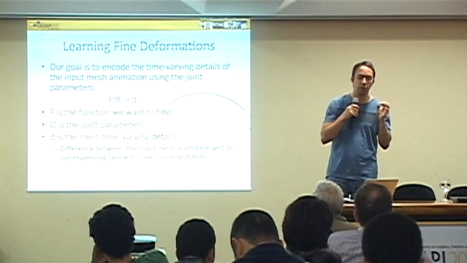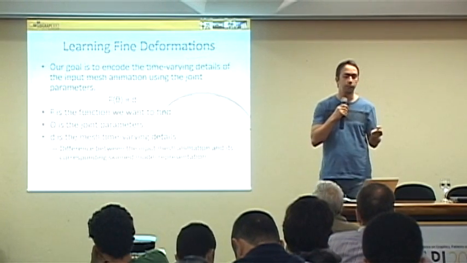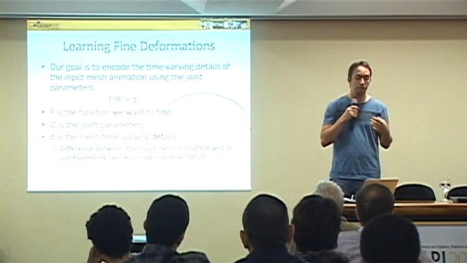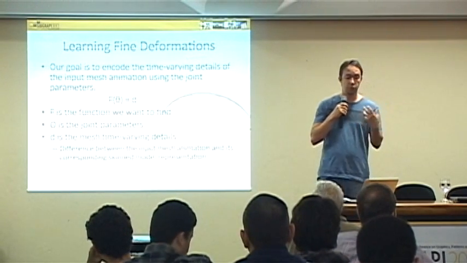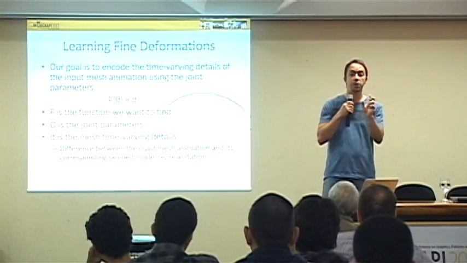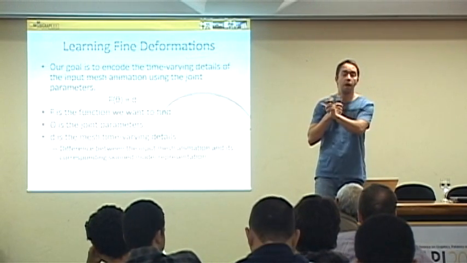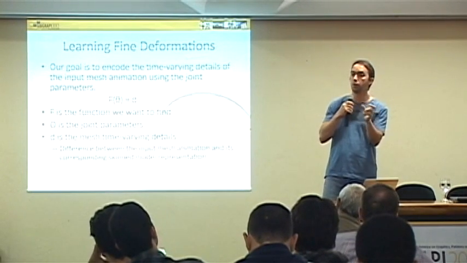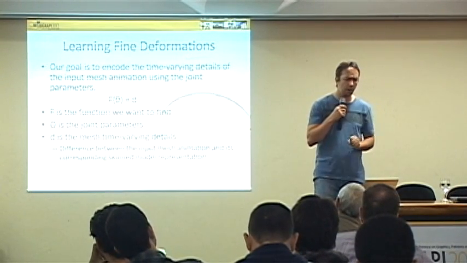Our goal here is to encode the time-varying details of the input mesh animation using the joint parameters. So, given theta, the joint parameters, and d, the mesh details, you want to find the function f that will correlate joint parameters and details.